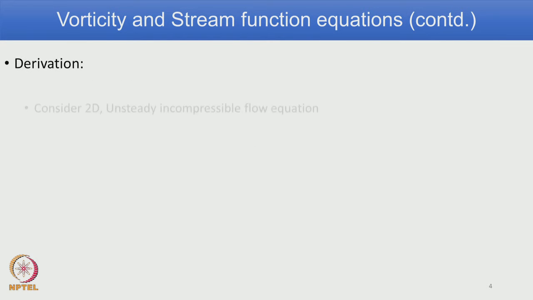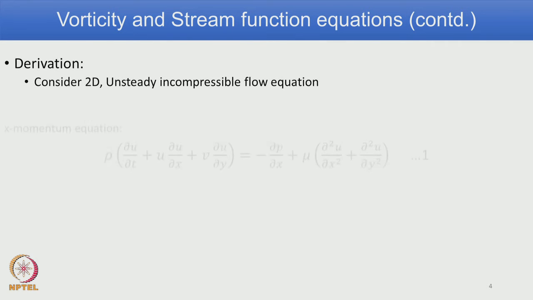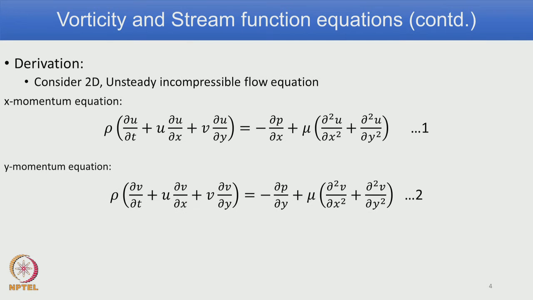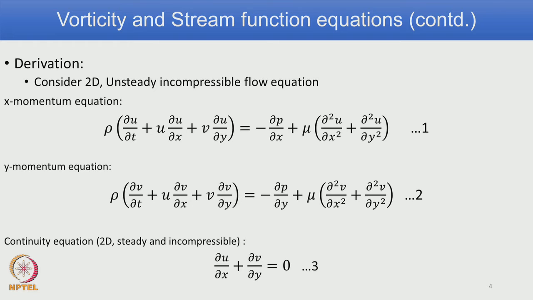Towards that, we first take the 2D unsteady incompressible flow situation, the 2-dimensional Navier-Stokes equation. So we rewrite here the full equation. We also write the continuity equation for the 2D incompressible situation.